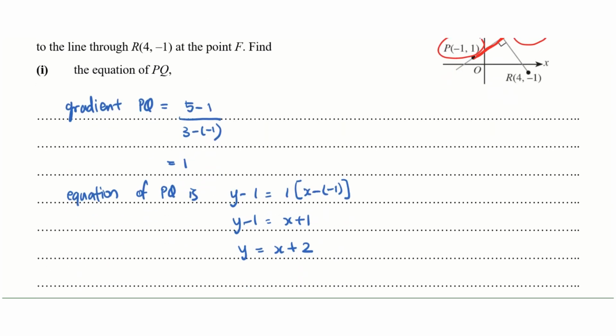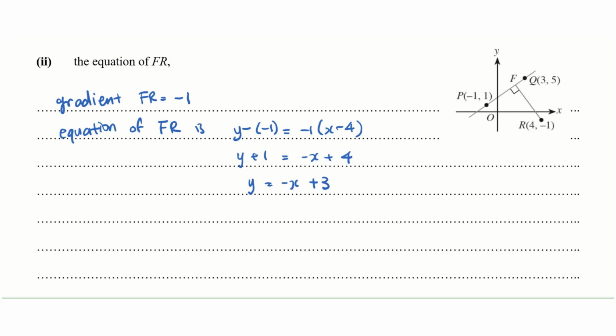Using the formula that I have introduced for finding the equation of a straight line, we will substitute in the point, either P or Q. In my case, I have substituted in the point P, and then I get the equation to be y equals x plus 2.